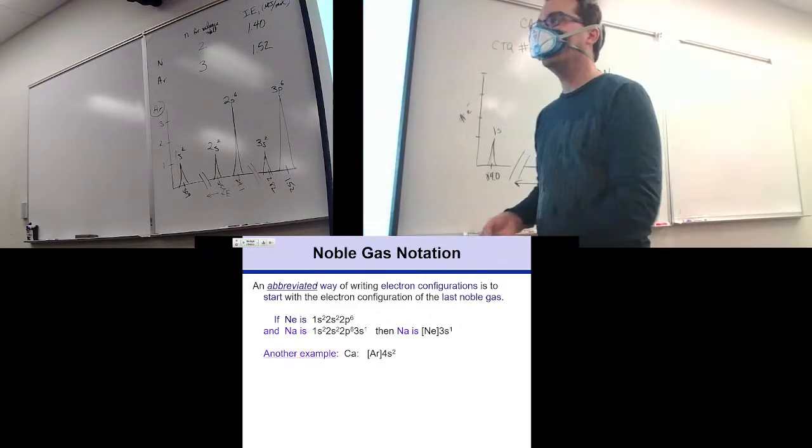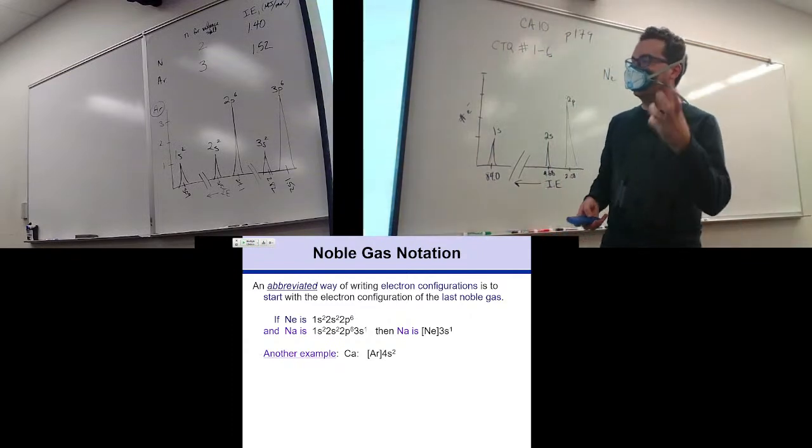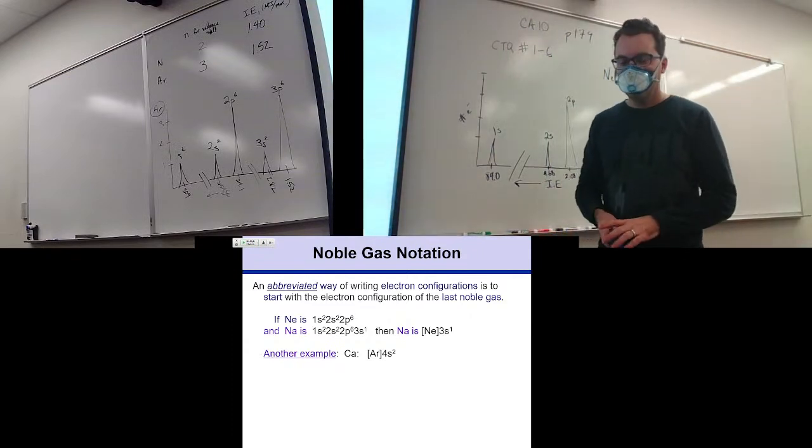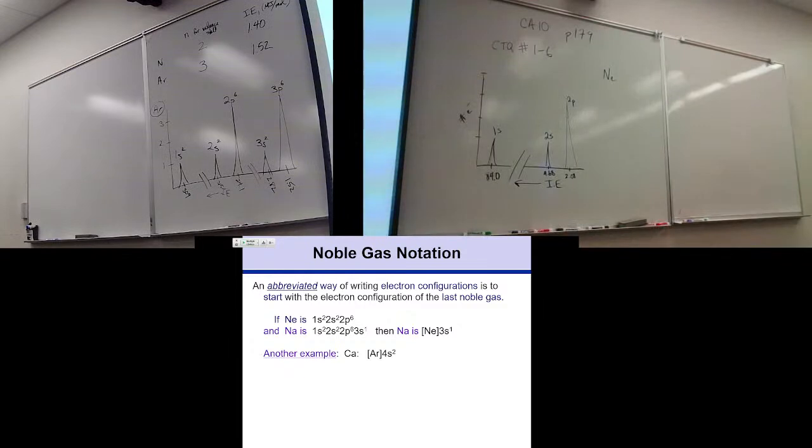So calcium is argon, looks like argon with 4s2. So how would you do this very easily? Calcium is on the periodic table right there, number 20. You go backwards. What's the noble gas that comes right before calcium? It's argon. So I put argon in brackets, and then the next is the 4s2, 1, 2.